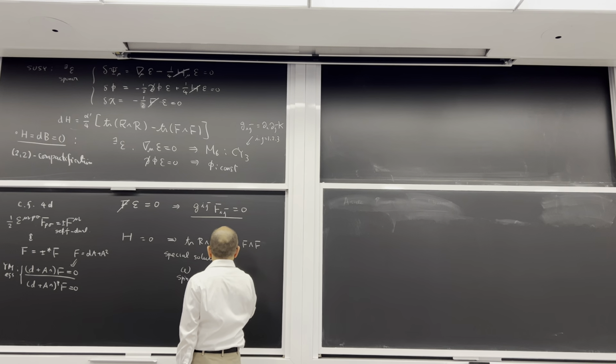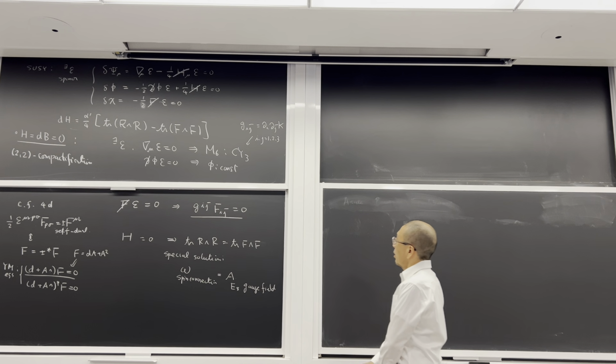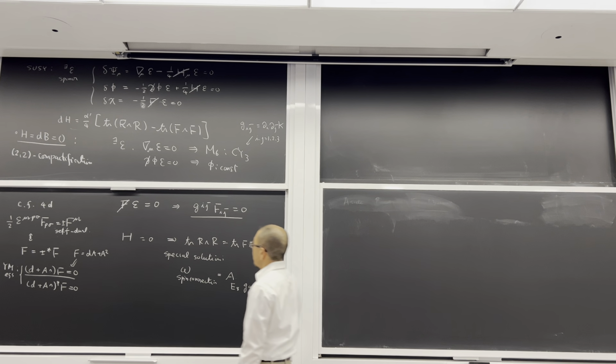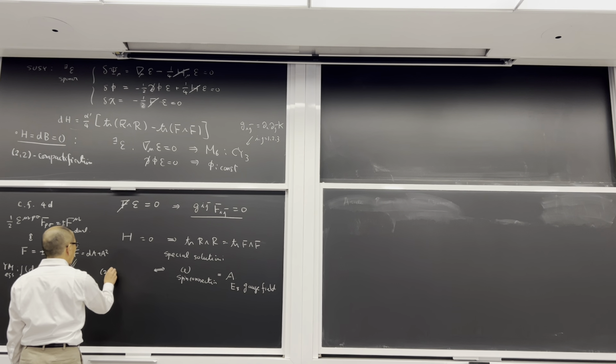So this is the E8 gauge field. Okay, and if you impose this condition, this leads to what's called the standard embedding compactification.